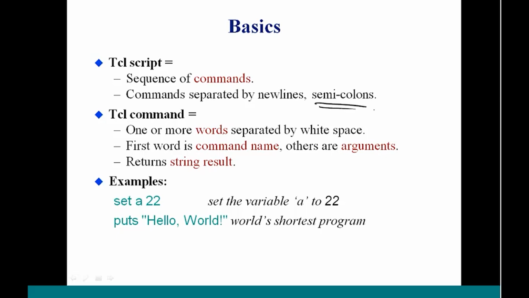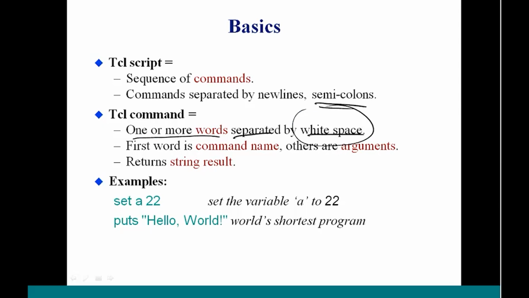And then a Tcl command is one or more words separated by white space. That's another key difference and very important. In other languages you don't need to separate by white space, and even various characters have special meanings, which is used as a parsing mechanism.